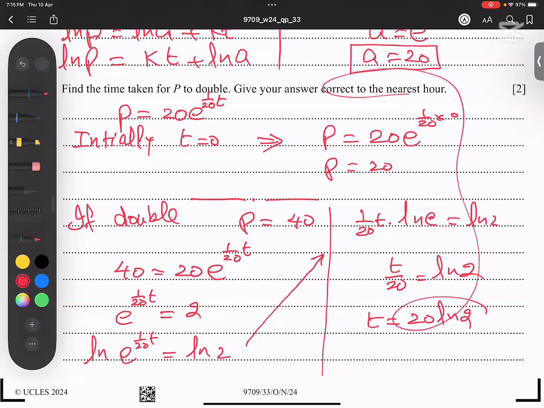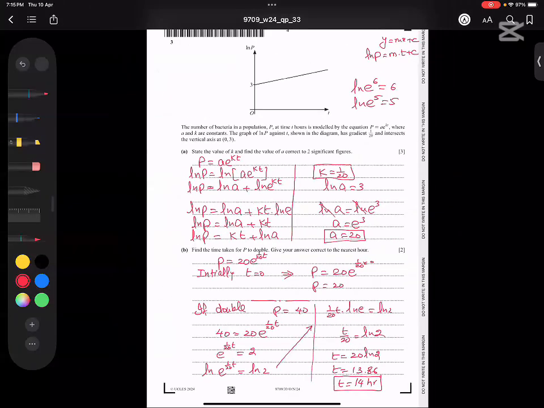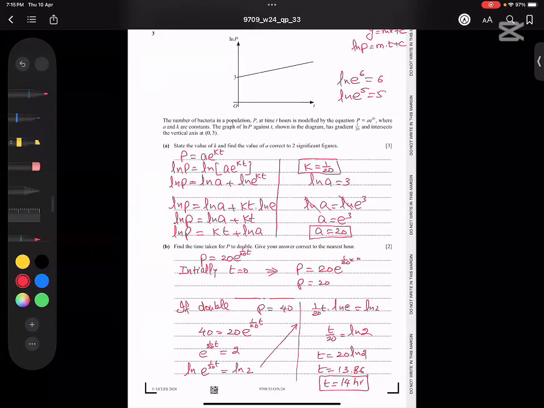But he said correct to the hours. So if I type it in the calculator, I get 13.86. But he said nearest 1 hour, so the answer becomes 14 hours. I hope the point is very clear, and the question is completely over.